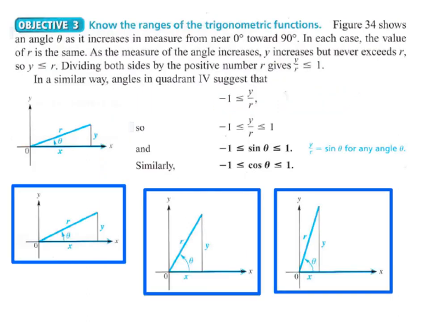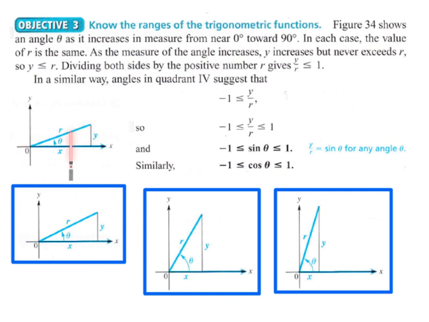In order to talk about the ranges of the trig functions, I want to look at these series of angles theta that are in the first quadrant and what's happening with the values of specifically y and r for this example. So in the first shot of this, the theta is fairly small.